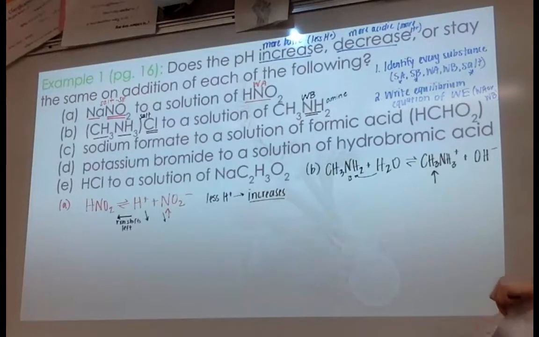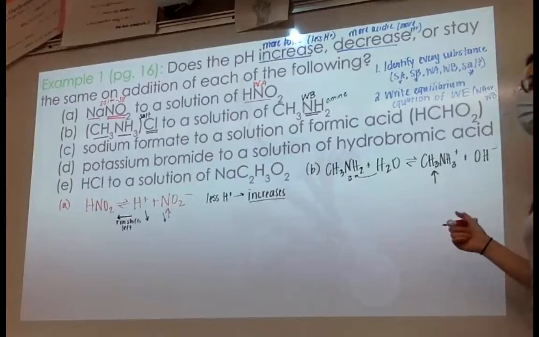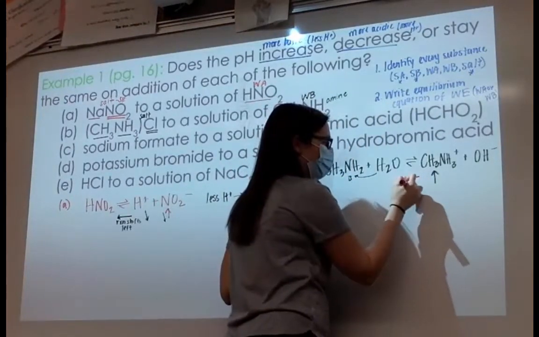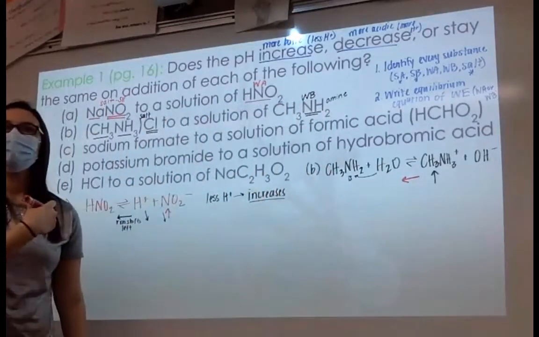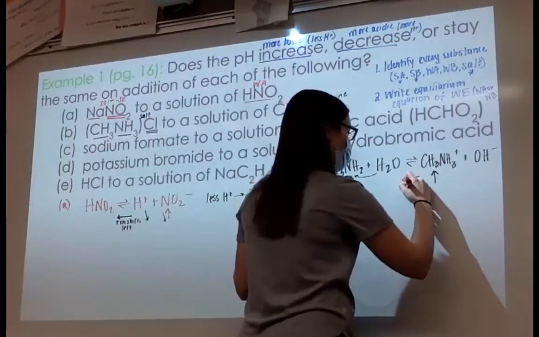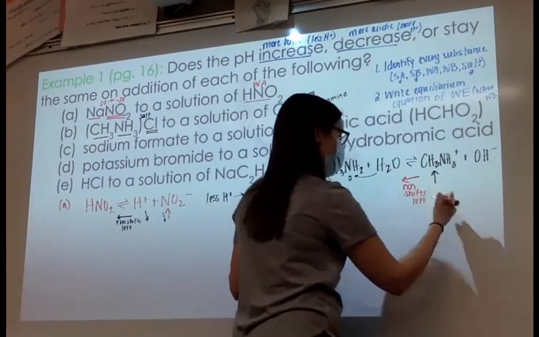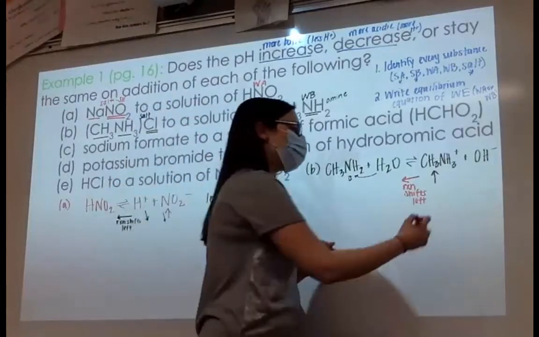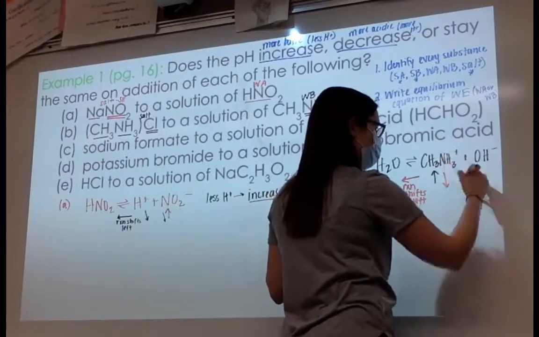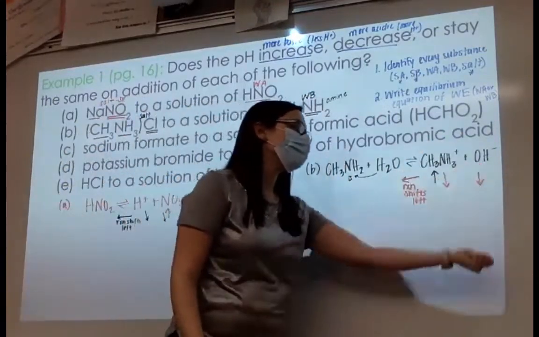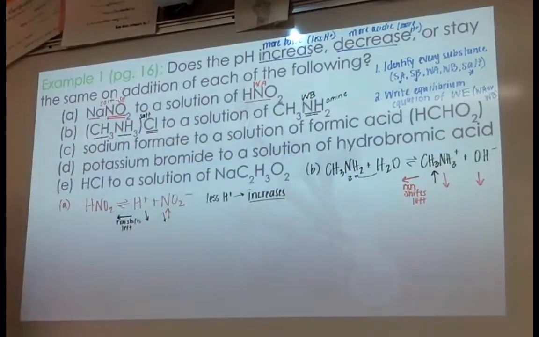Every time we add a common ion, notice how it shifts the other way. So again, the reaction shifts left. The reaction shifts left because we need to use up this excess CH3NH3 that was added. But as it shifts left, we also are using up OH minus.